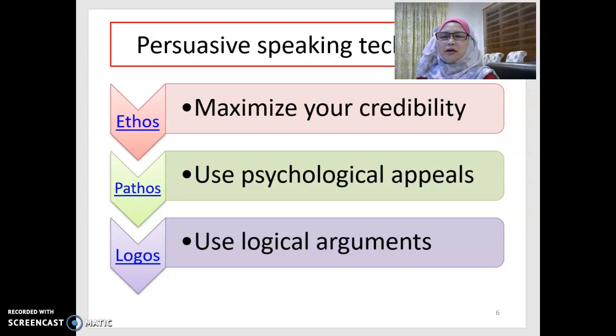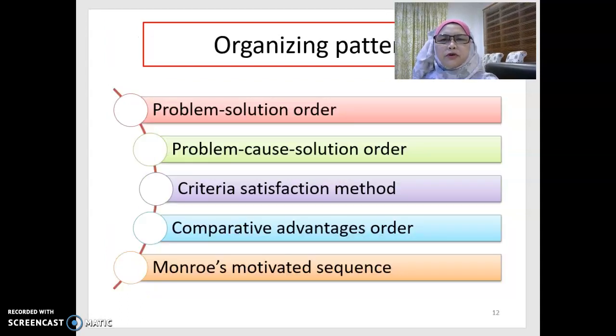All right, so now let's move on to the next part, whereby we will be talking about organizing patterns. If you recall, for informative oral presentation, we had 5. One of them is this problem solution order, and although it is used in informative, it can also be used for persuasive.